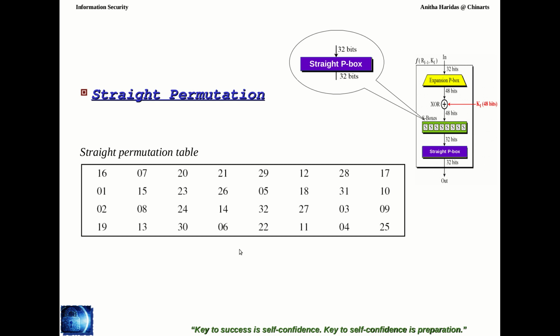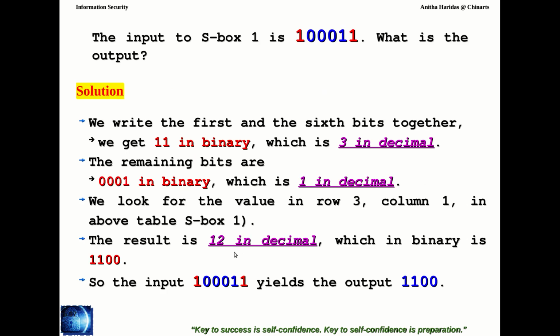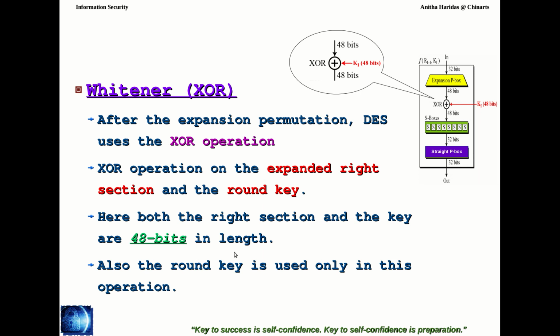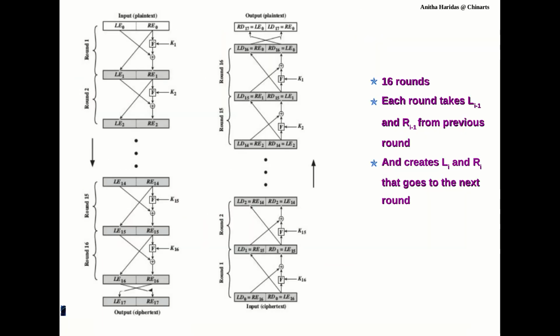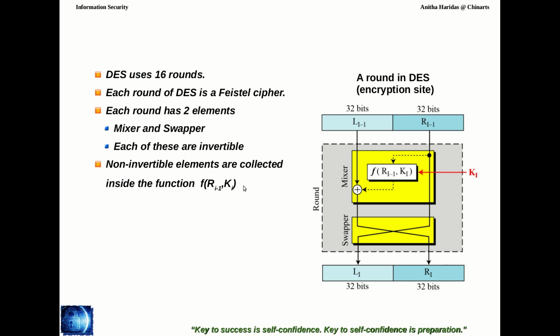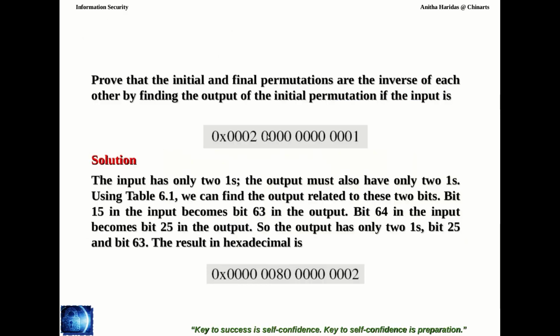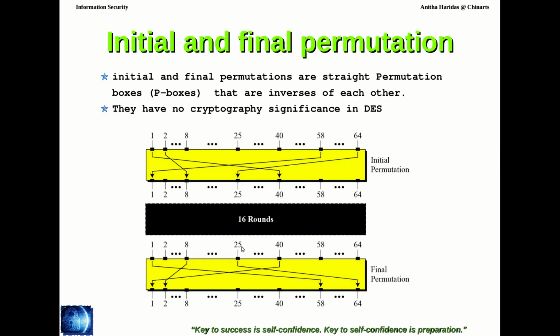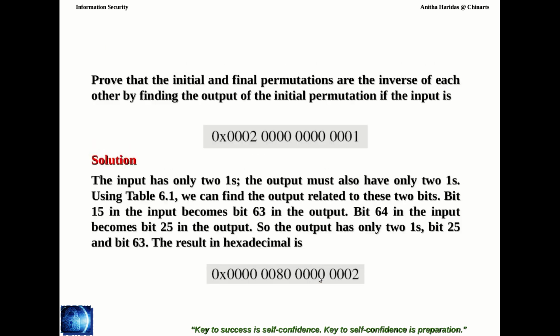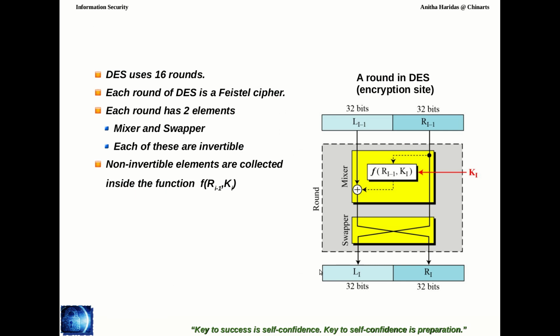So this is the DES function we have in the DES structure. We have seen the DES structure diagrammatic representation, and we have seen the initial and final permutations. Then we have seen that DES has 16 rounds.